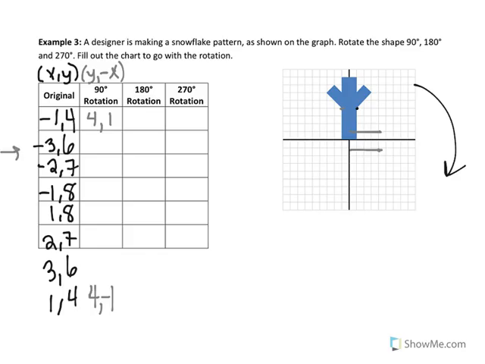So this point is at -3 and 6. We're going to flip it, and it's going to be at 6 and +3. So let's go to 6 and +3, and it's right there, and that does match where that should be on our snowflake. The next point should be at 7 and +2, which is right here, which again looks proper.